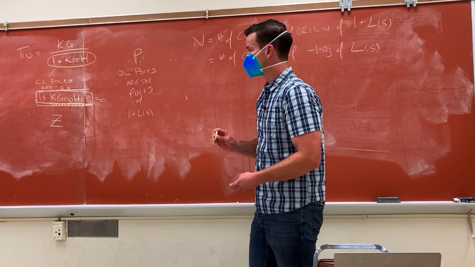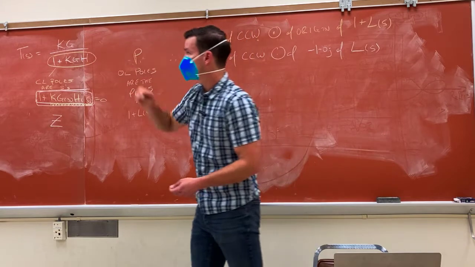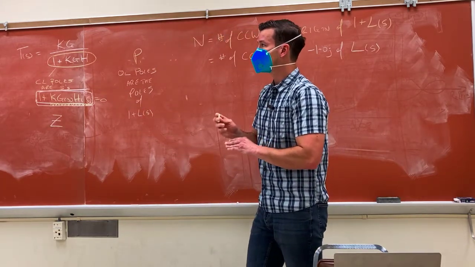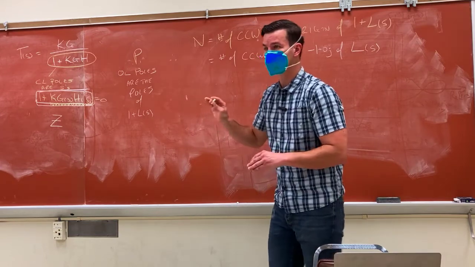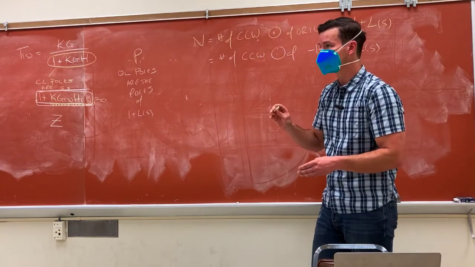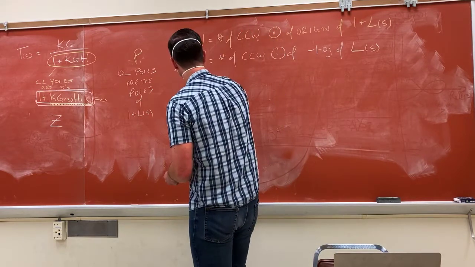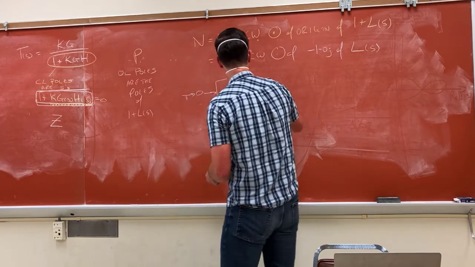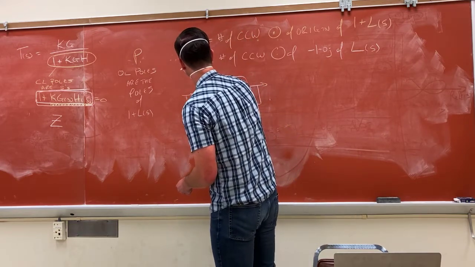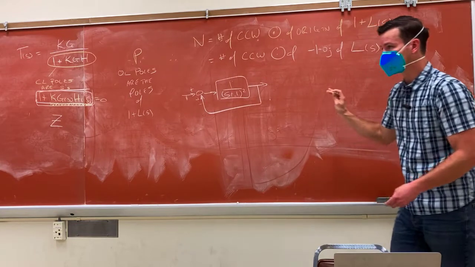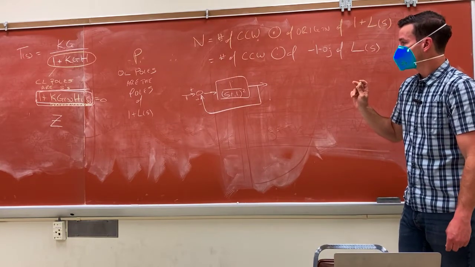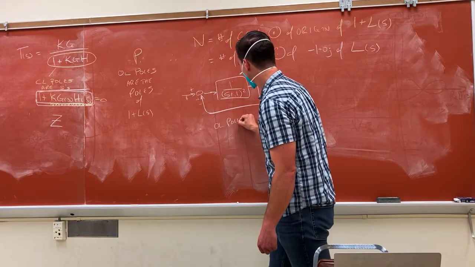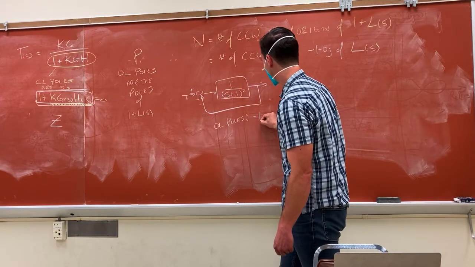No. So let's take this example perhaps, and you'll see the difference here. If L of S is a repeated open loop pole at -1, it doesn't have to be, but it could be unity feedback. Then the open loop poles are -1 and -1.